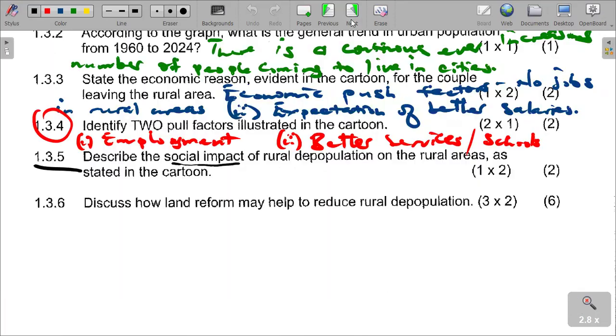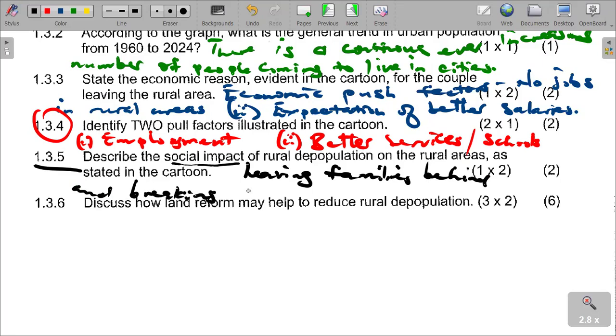You can see that that is what is happening here. We are saying the social impact: leaving families behind, and breaking down of social ties between families, family ties, social ties.